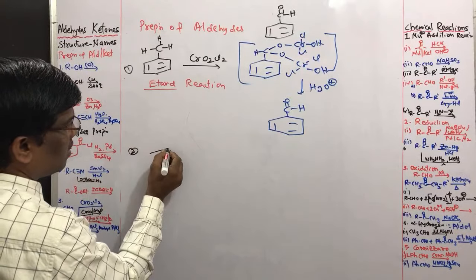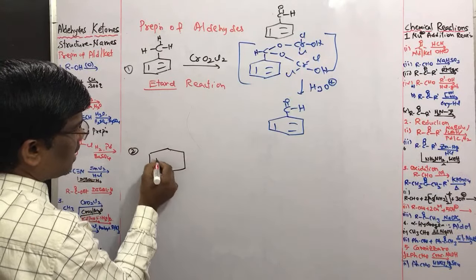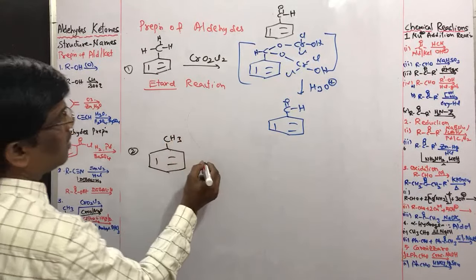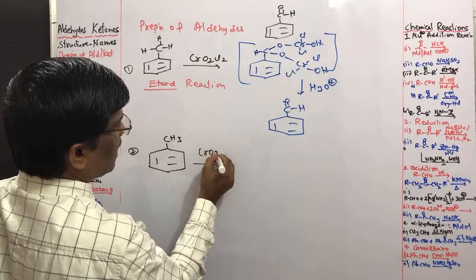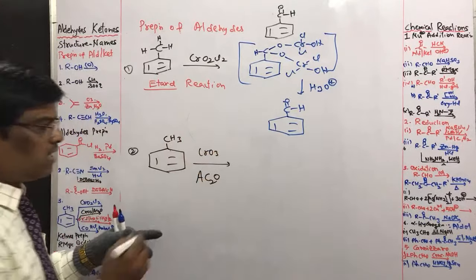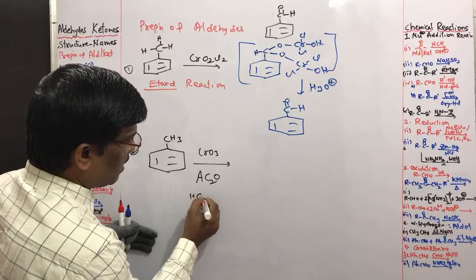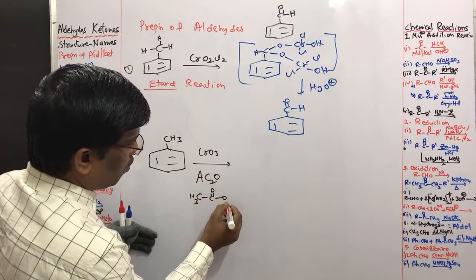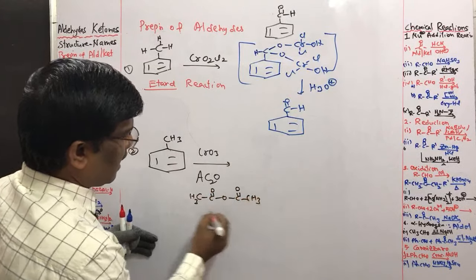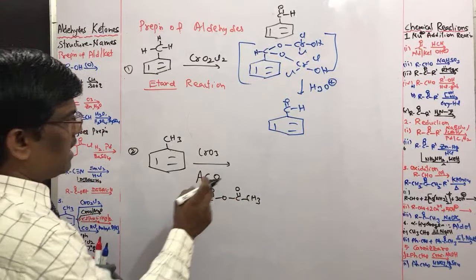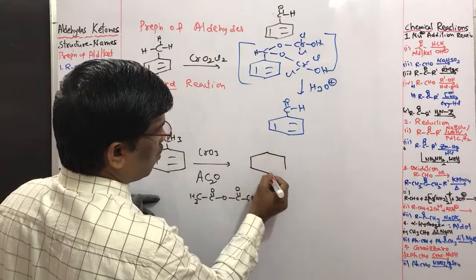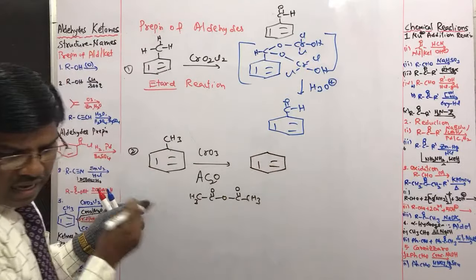Anyhow, so this is one method, and the second method is oxidation using chromium trioxide and acetic anhydride. Toluene, chromium trioxide in presence of acetic anhydride. What is acetic anhydride? (CH3CO)2O, I can write like this also. Acetic anhydride in presence of chromium trioxide is going to oxidize toluene to benzaldehyde.